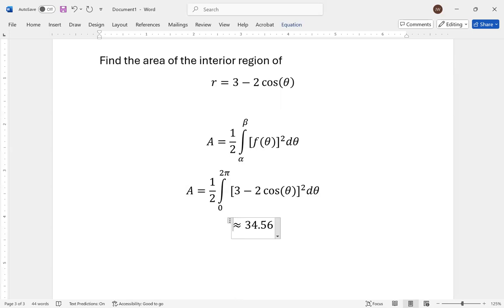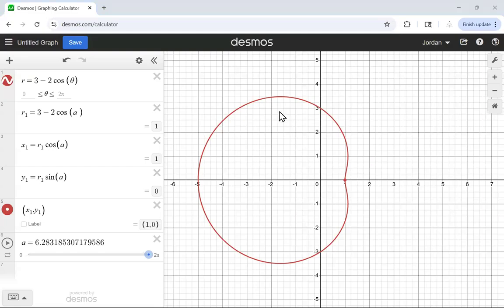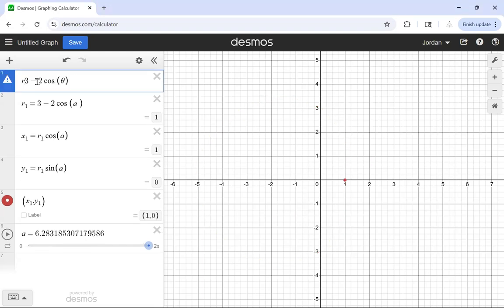which, if I wanted to give an exact value, is actually 11 pi. This one has a really nice value, 11 pi. Which is kind of surprising given that we have this weird dimpled shape, that we got an area that was so nice.